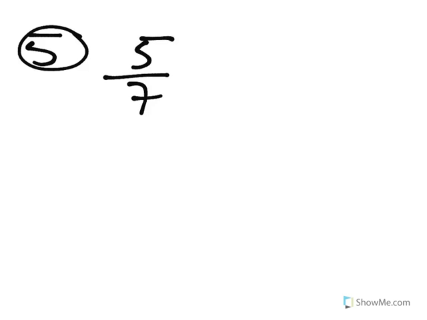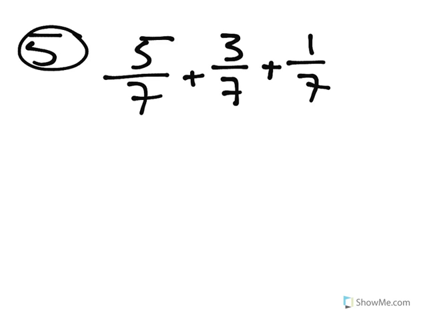Okay, number 5 was fractions. So what you need to remember when you're adding fractions is you must have the same denominator, which is the bottom number. So if I have the same denominator, I'm going to keep that denominator of 7, and I'm just going to add my numerators. So 5 plus 3 plus 1 is 9.